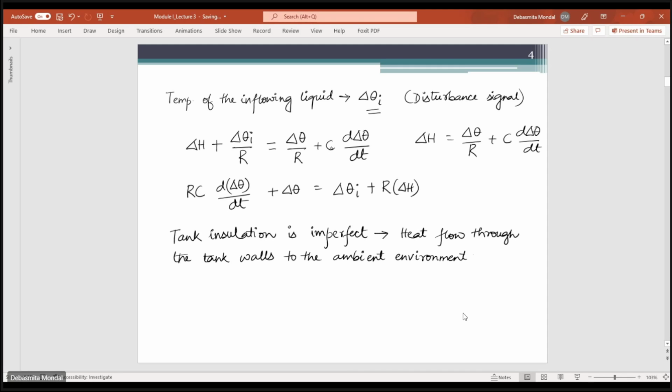Because of that, there will be a change in the heat flow. Let's say that is denoted by delta theta by RT, where RT is the thermal resistance of the tank walls.